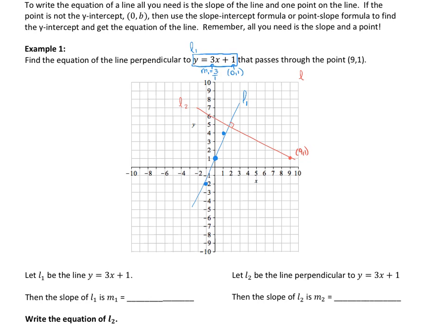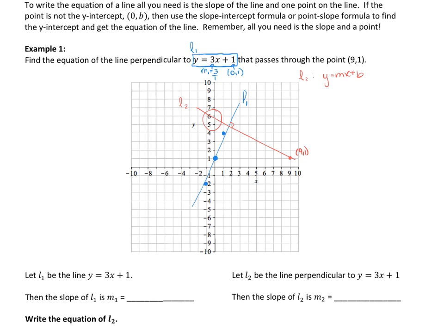Our goal is to come up with some y equals mx plus b for line 2. It looks like the y-intercept is somewhere around here, but I don't want to use my drawing to estimate it, because my drawing is terrible and not drawn to scale. We can see it's definitely going to be a positive number bigger than 1.